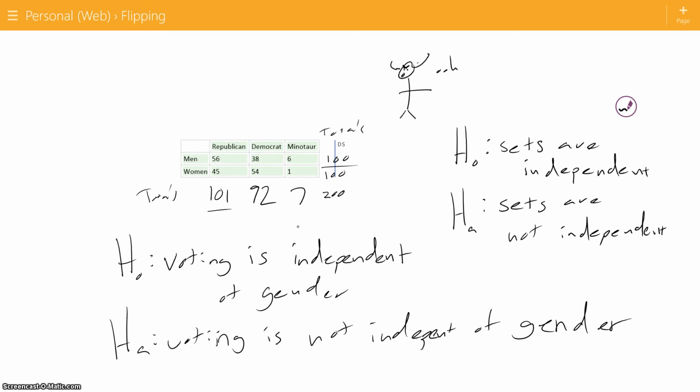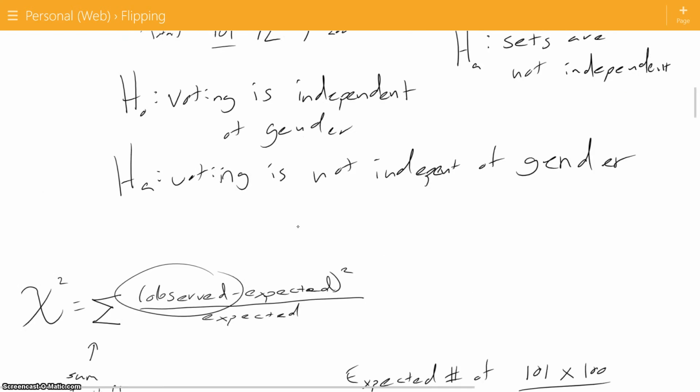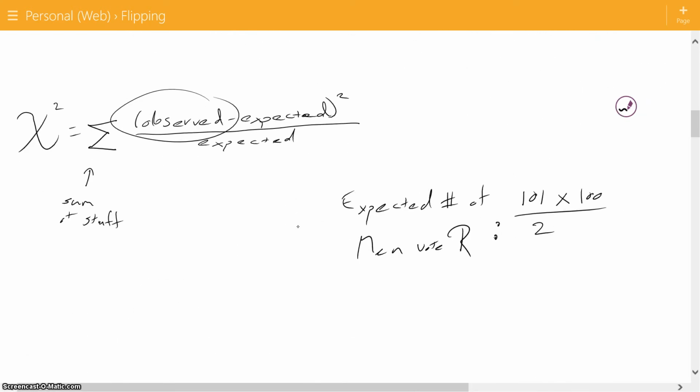And that's over here. So what I would do is take those two things times each other, 101 times 100, and then divide that by the total number, 200, and that will give me 50.5. So this is the expected number that I would expect to see.